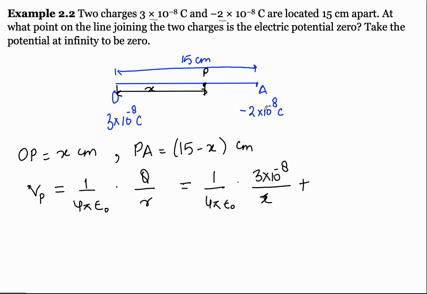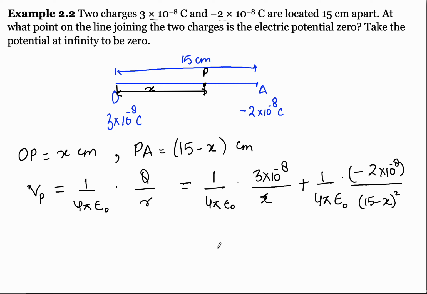Now for the second charge, which is lying on the right hand side of P, I'll just write down 1 upon 4 pi epsilon naught into minus 2 into 10 raised to the power minus 8 divided by, and this distance is PA, which is 15 minus X to the whole square.